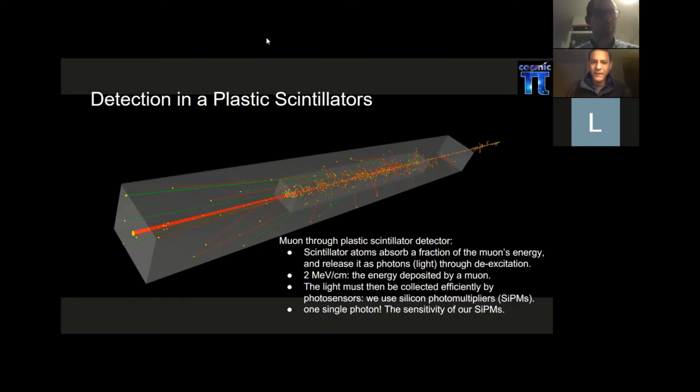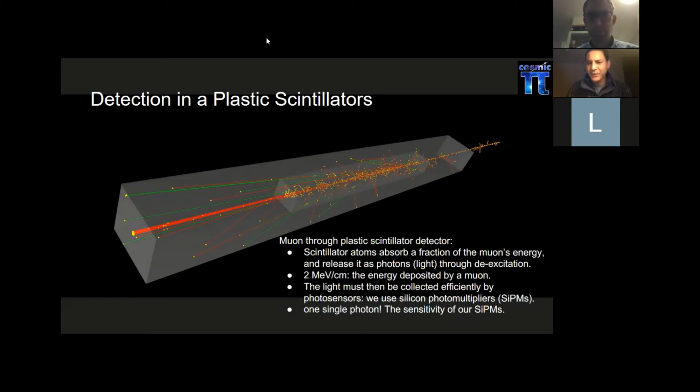And so the photosensors that we have chosen are silicon photomultipliers, which again are a bit of a revolution in particle physics. They came along about 15 years ago. One of the first experiments that used them is the T2K experiment at its near detector site, and it went online around 2006 or so. It uses several tens of thousands of silicon photomultipliers.